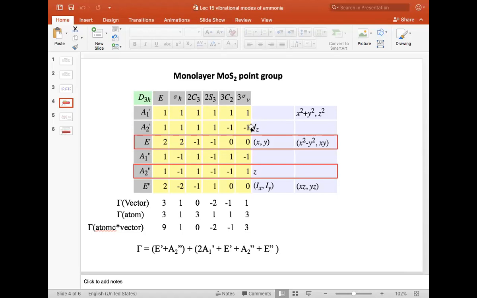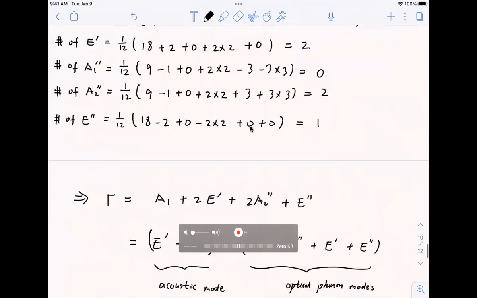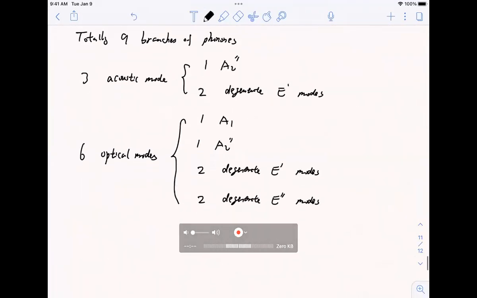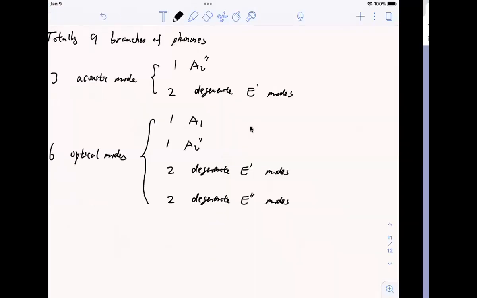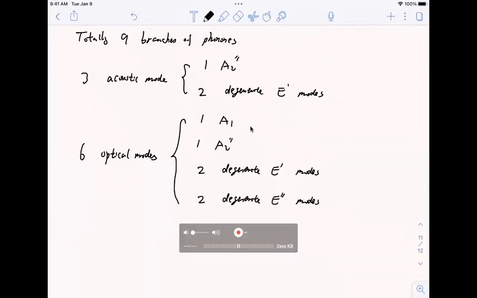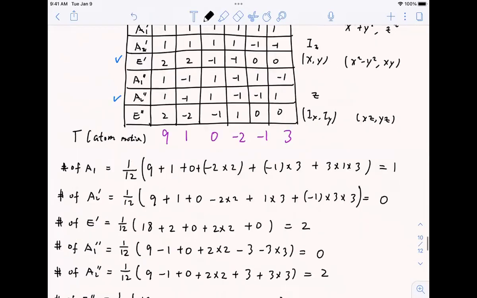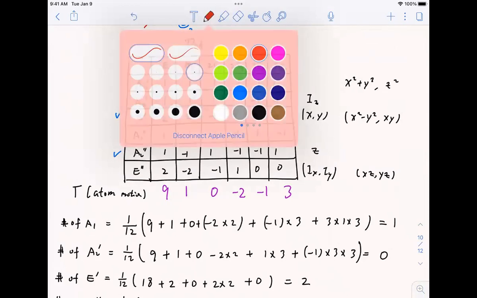Okay, so look at our answer. Our answer is A1. I think there's an A1 prime. All of them have primes. Yeah, all of them have primes. Okay.